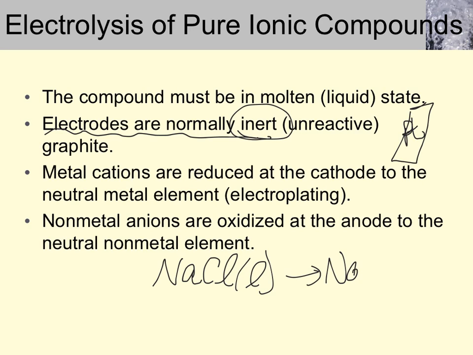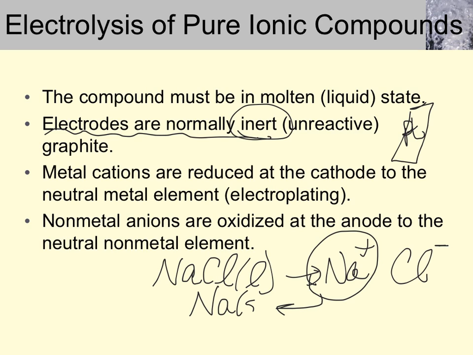And so then you have sodium ions and chloride anions. Typically when you supply enough energy to a molten salt, the metal cations become pure metal, and the nonmetal anions become the neutral nonmetal.